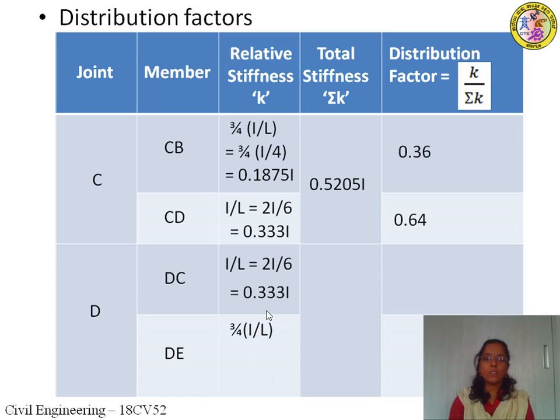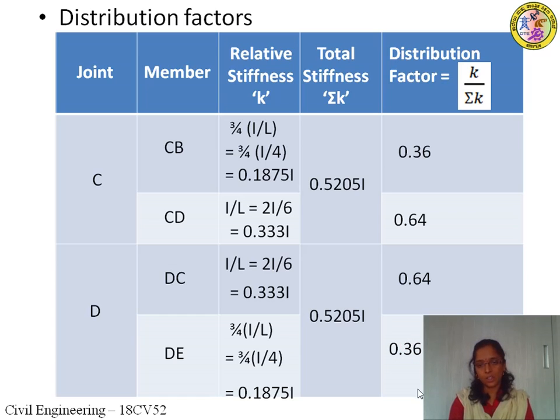That will be 3/4 of I by 4, that is 0.1875 I. So the total stiffness is again 0.5205 I, and the distribution factors will be the same as CD and CB. So for DC it is 0.64 and for DE it is 0.36. Okay, so that is the calculation of distribution factors.